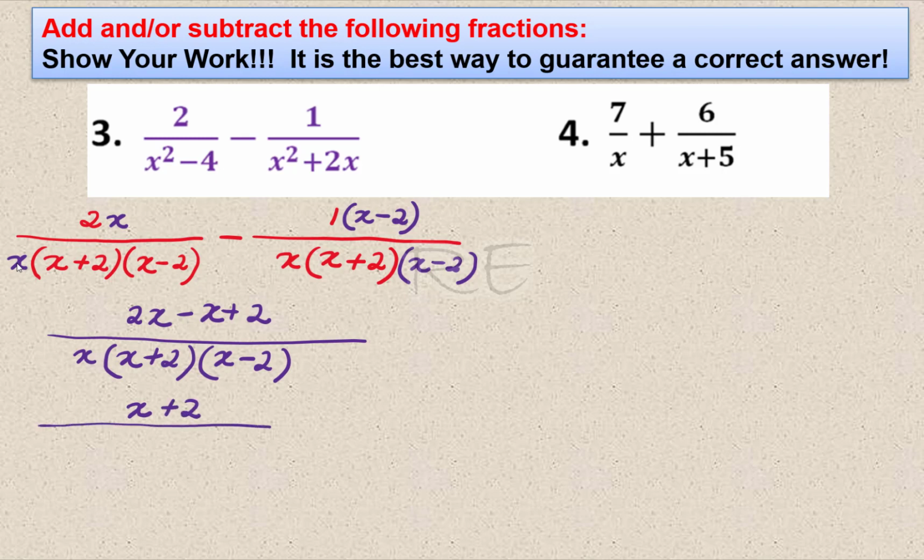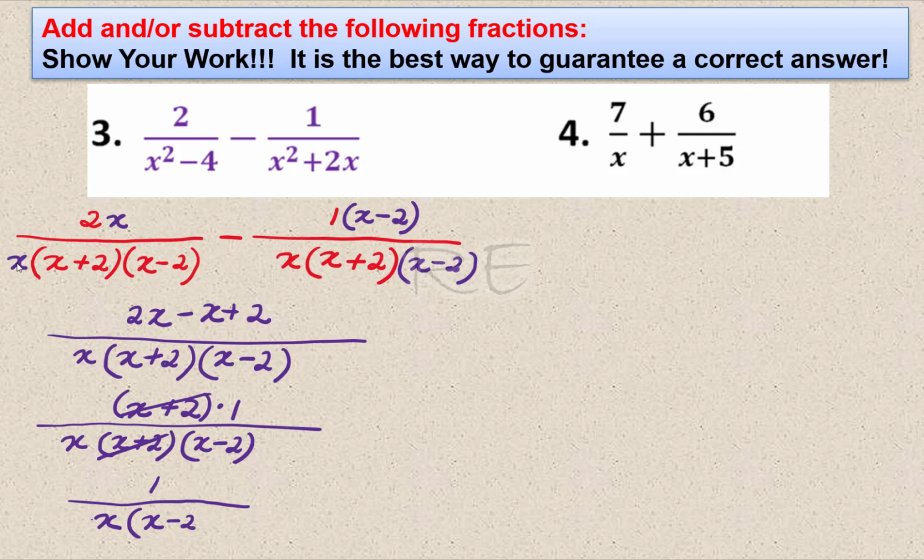We get x plus 2 as our numerator divided by x times x plus 2 times x minus 2. And using parentheses, we can see that x plus 2 is going to cancel, and we're going to be left with 1 divided by x times x minus 2. We're done.